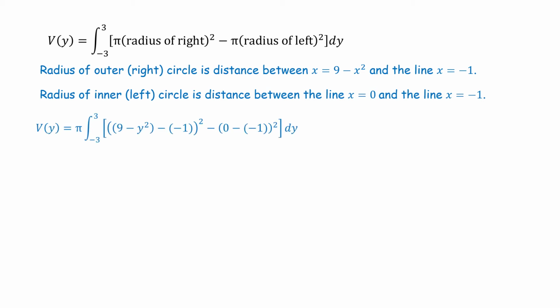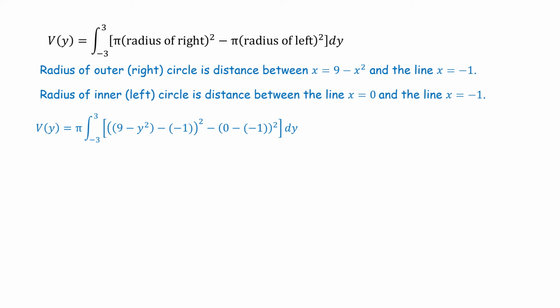The volume becomes, let's go ahead and pull the pi out to the left of the integral symbol, the integral from -3 to 3 of the right, which is 9 minus y squared minus -1, that quantity squared, then minus, for the inner circle, 0 minus -1, that quantity squared, dy.